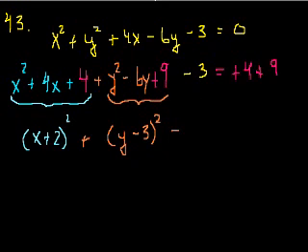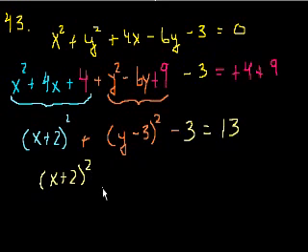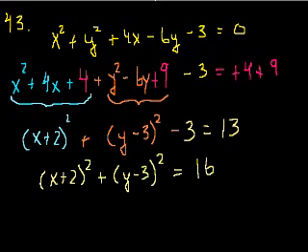Minus 3 is equal to 4 plus 9. 4 plus 9 is what? Is equal to 13. Let's add the 3 to both sides of that equation. So you get x plus 2 squared plus y minus 3 squared is equal to 16.